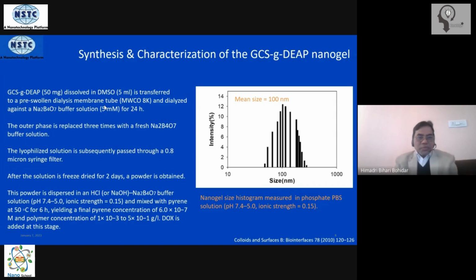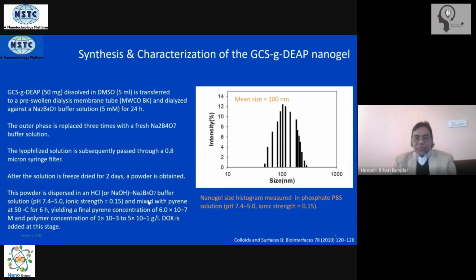And you continue 2-3 times. Then the lyophilized product is subsequently filtered to another level of purification, freeze dry it, and the powder you obtain is basically nanogel. Now it can be dispersed either in acidic or basic solution, HCl or NaOH, sodium borate buffer solution, of different ionic strength, and then you can have nanogels of different preparations available with you.